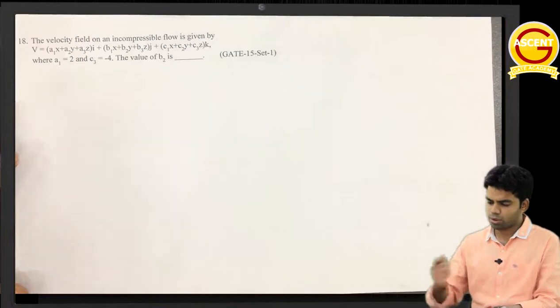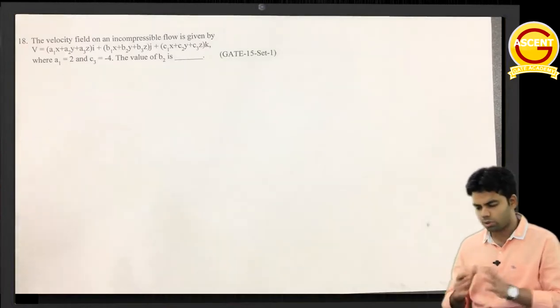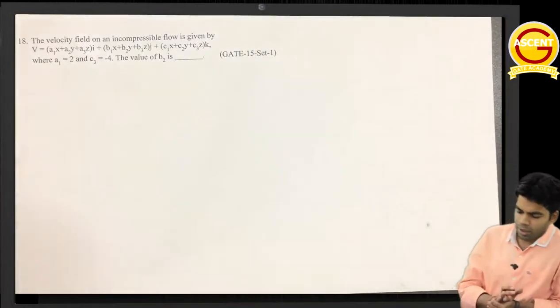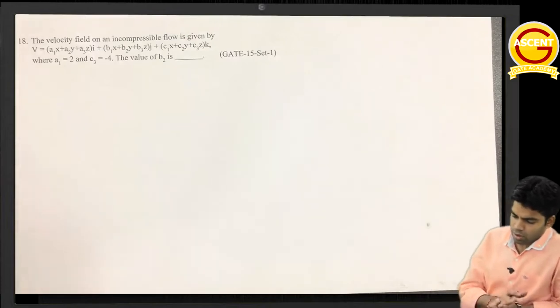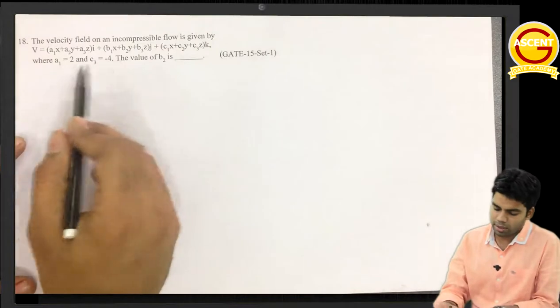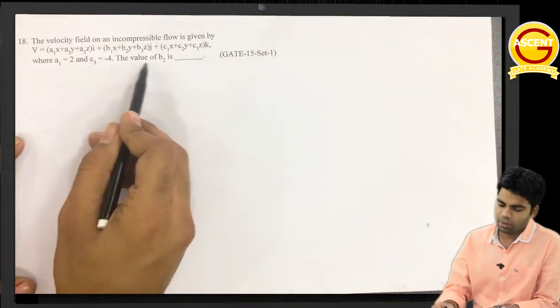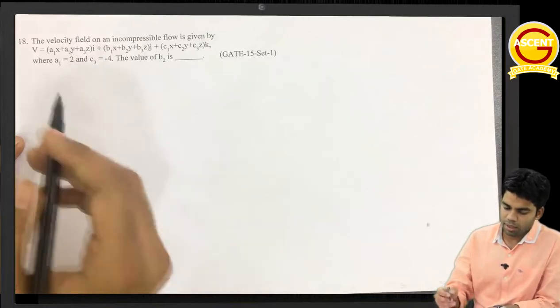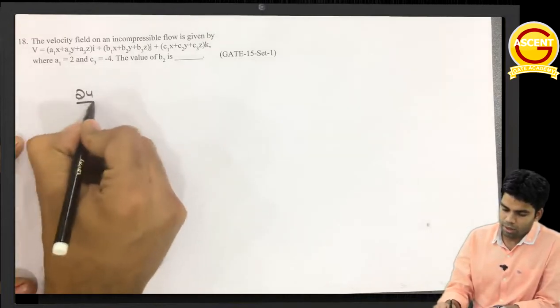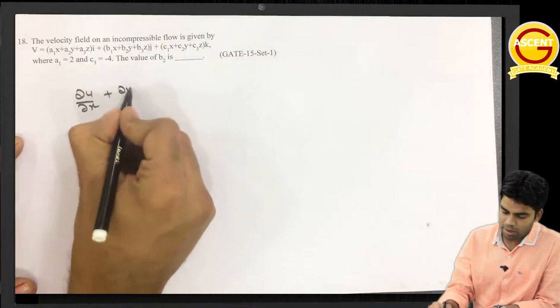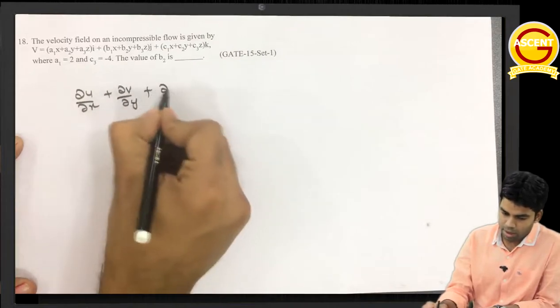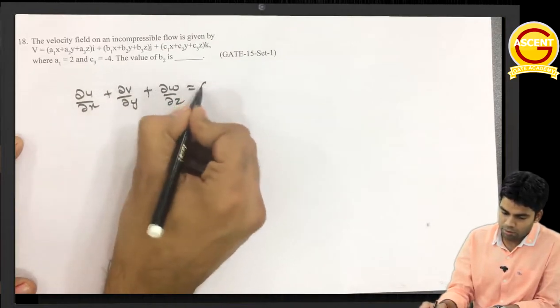Now the rest of the questions you can solve by yourself; I have already told you one or other kinds of these questions. Next question, this is also a simple question. The velocity field of an incompressible flow is given by this, where A1 and C3 are given. We have to determine the value of B2. Same thing: for incompressible flow, del U by del X plus del V by del Y plus del W by del Z should be equal to 0.